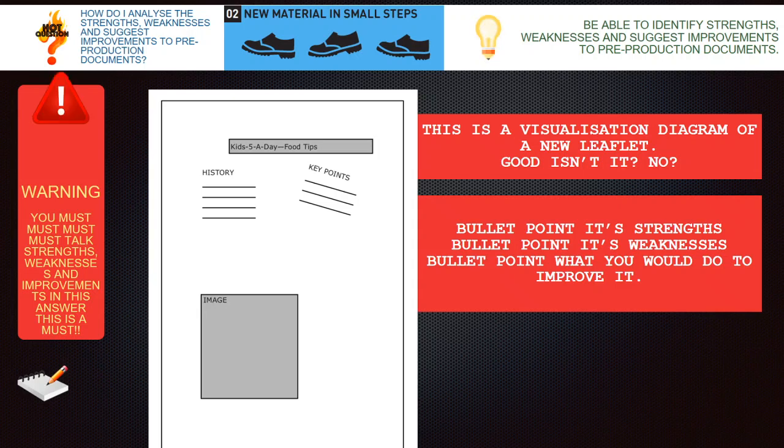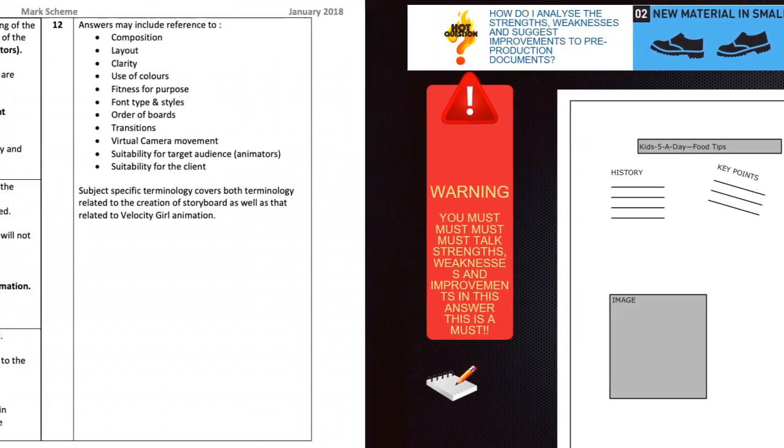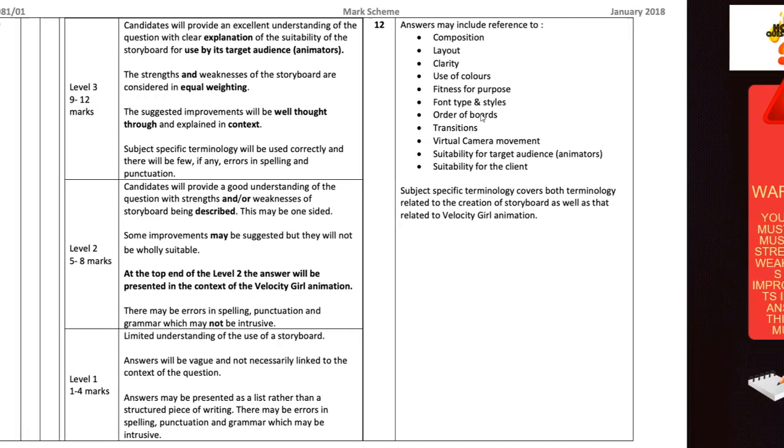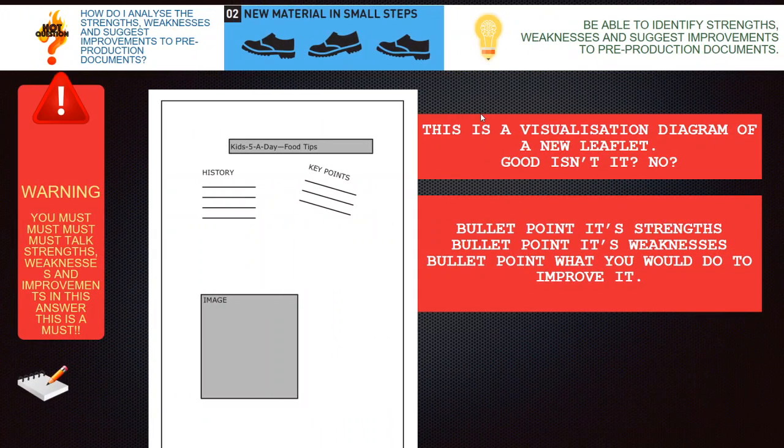So just remember what we had previously: composition, layout, clarity, use of colours, fitness for purpose, all these things. Now, with this visualization diagram, it's easy to see what the negatives are because it's not very clear, but it has got a layout, it has got some content there.